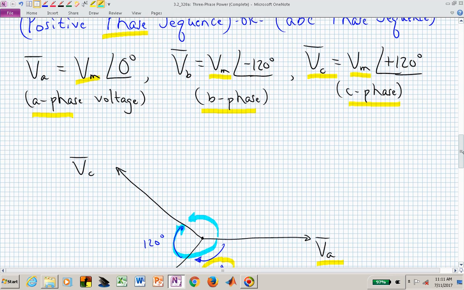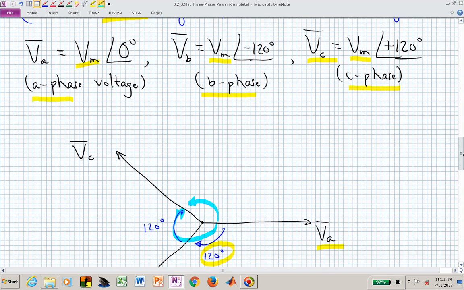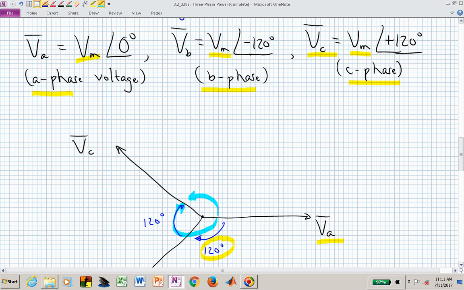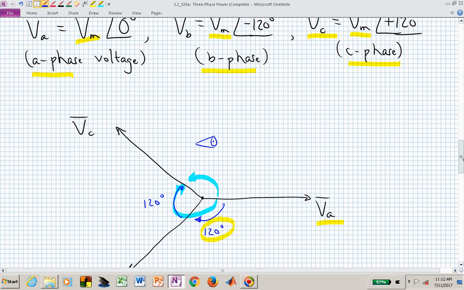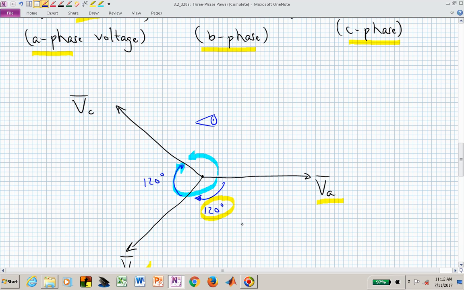And a way to maybe think about this positive phase sequence is, if I can now try to illustrate my lack of artistic talent, you could envision sitting right here and watching these different phases. We have actually a counterclockwise rotation happening.